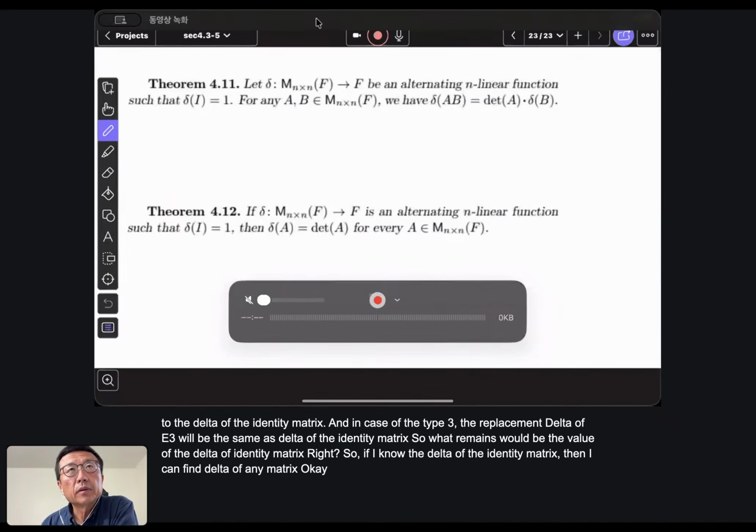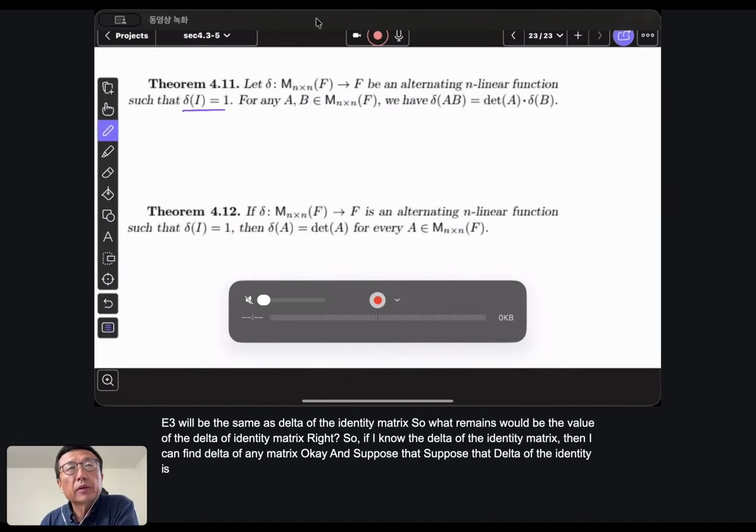And suppose that delta of the identity is 1.